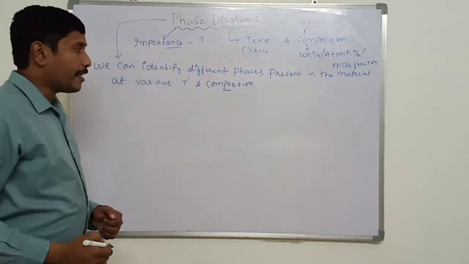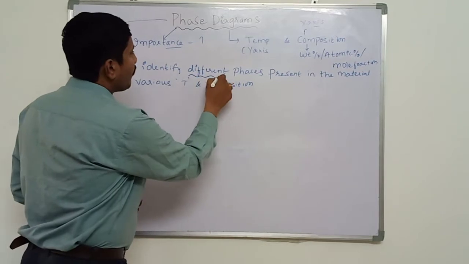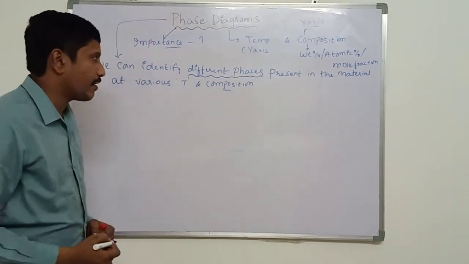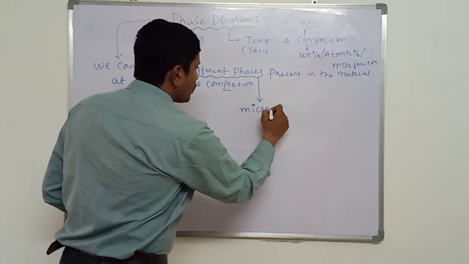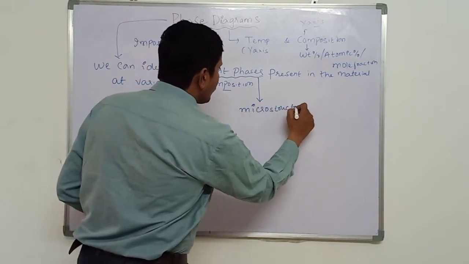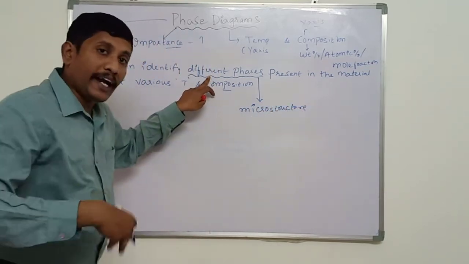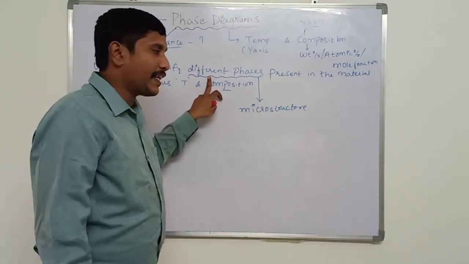So once we identify different phases present in the material, we can find the microstructure. We are able to see the microstructure of the material, and we are able to identify the different phases present in the material.